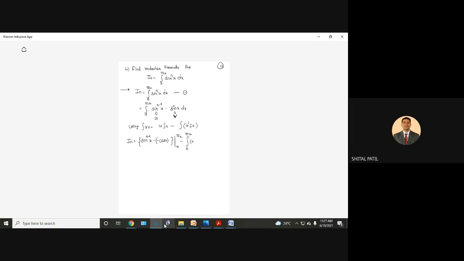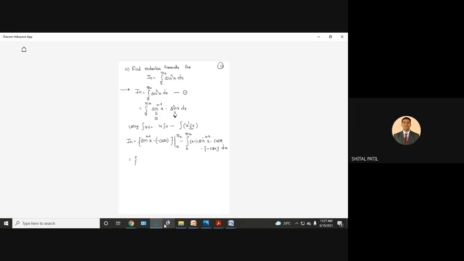So n minus 1 sin raised to n minus 2 x into the derivative of sin x, which is cos x, into again integration of v, that is integration of sin x, minus cos x. Simplify this.